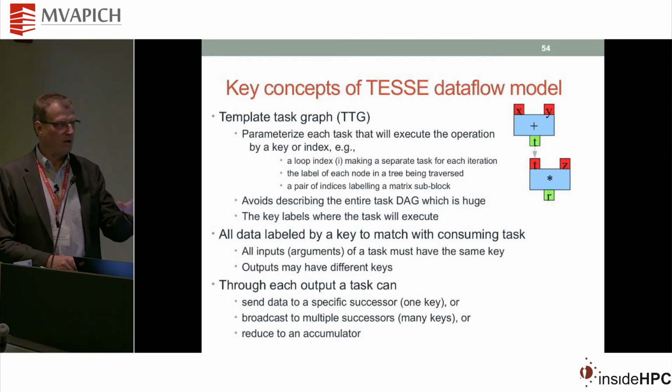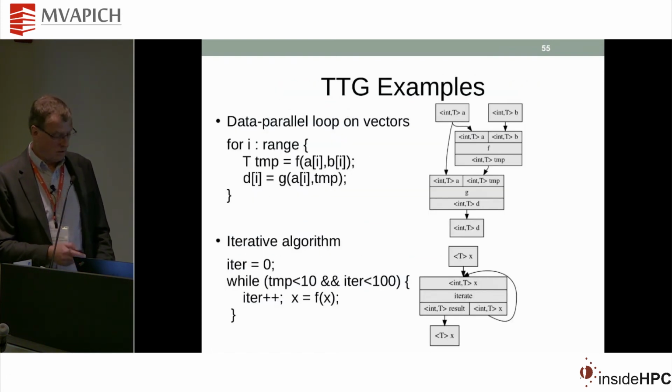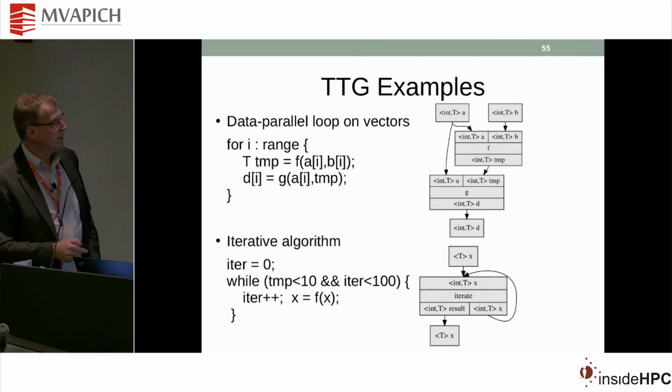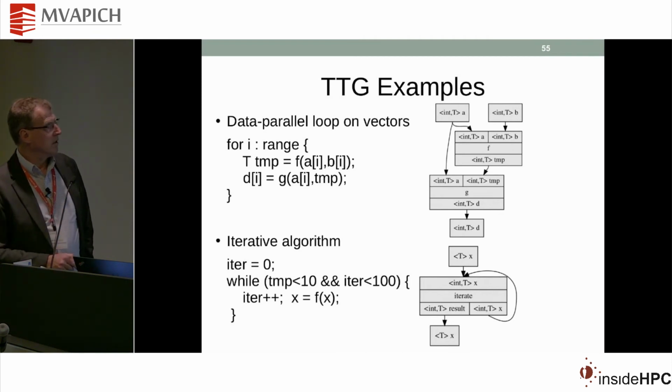graph at runtime. So we compose a graph that's not a DAG of these parameterized tasks, and as we're executing that graph at runtime, we're actually exploring the DAG. And so you can see here some simple constructs mapped between these two. Here's a simple loop that is operating on a couple of vectors.